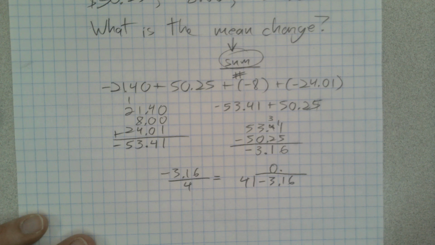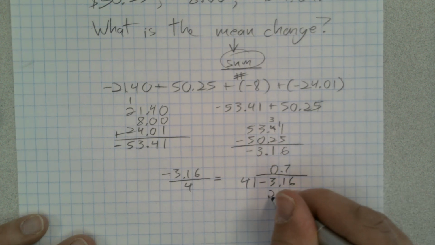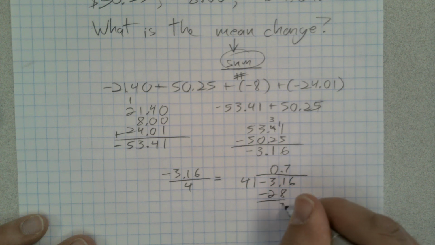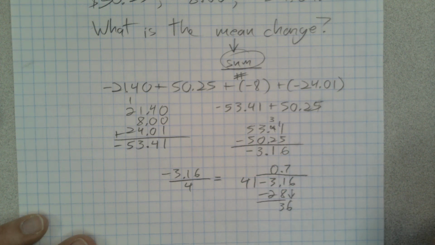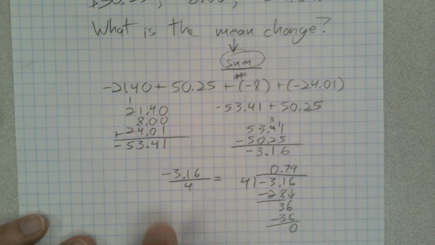4 does not go into 3, so I'm going to put a 0 here, decimal point. 4 goes into 31 7 times. 7 times 4 is 28. We subtract and we get a 3. We bring down the 6. 4 goes into 36 9 times, and 9 times 4 is 36. We subtract and we get a 0, so it terminates. And remember, I'm taking a negative divided by a positive.